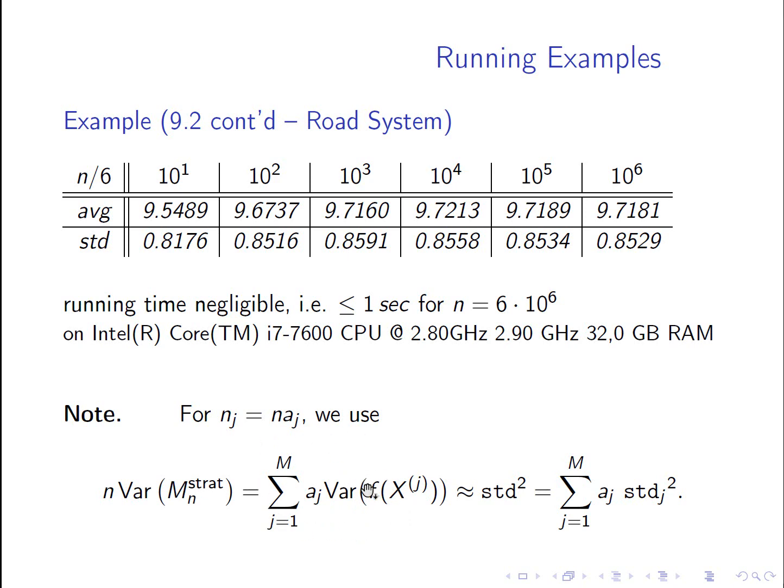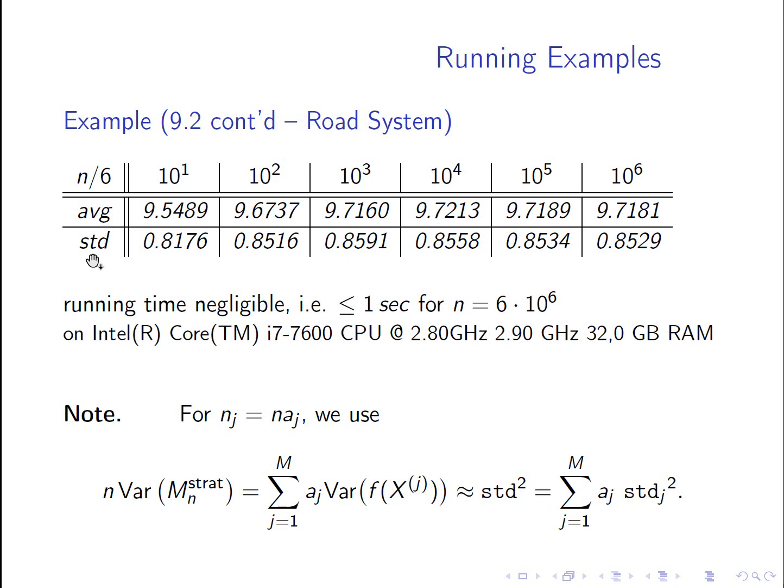So the standard deviation squared is just given by the sum over the j's of alpha j times the standard deviation squared in each stratum. We are estimating the variance of f of Xj by the squared standard deviation, multiplying it with alpha j, and summing it up, and that's our estimator for the standard deviation.